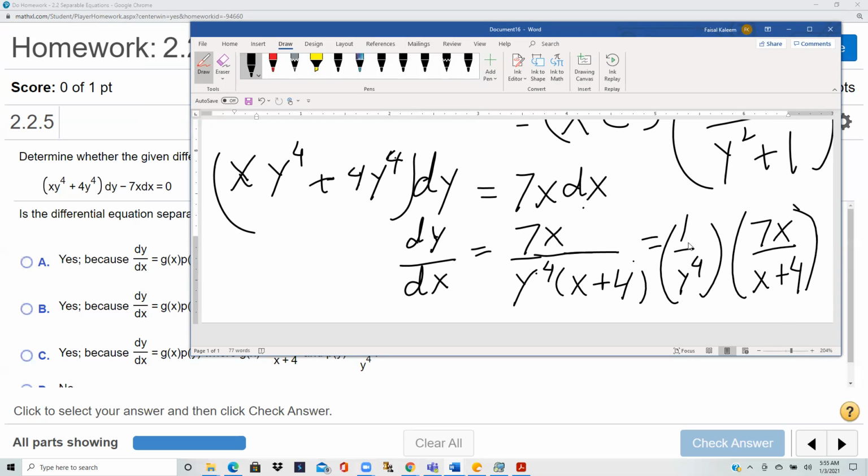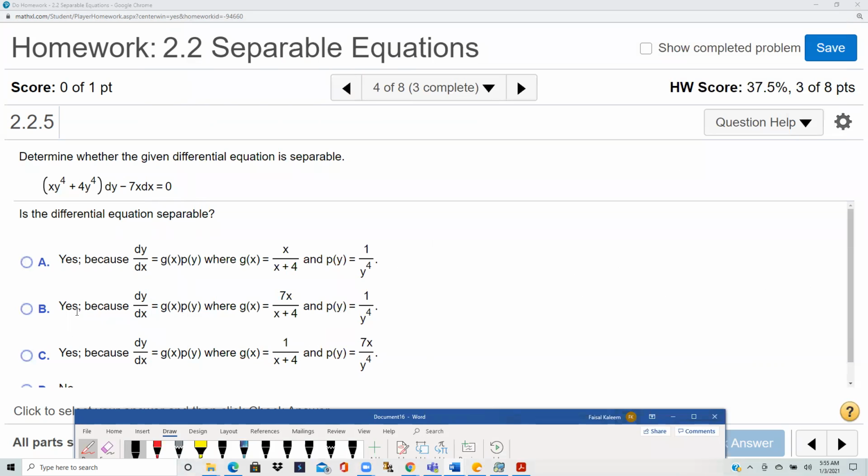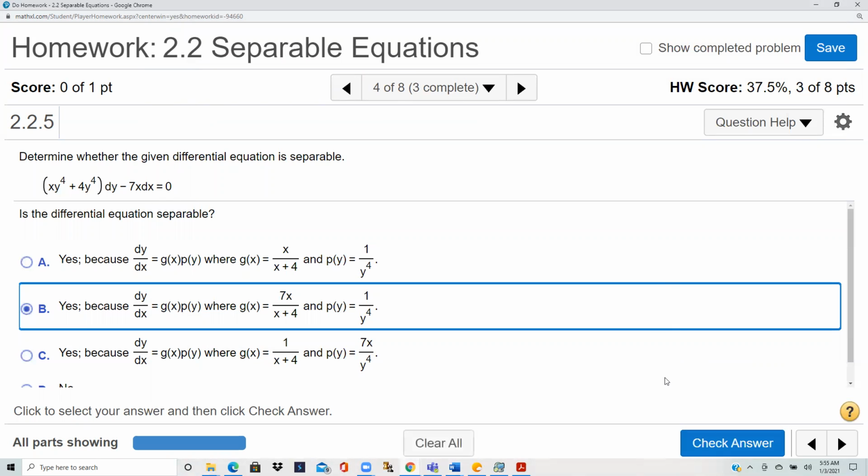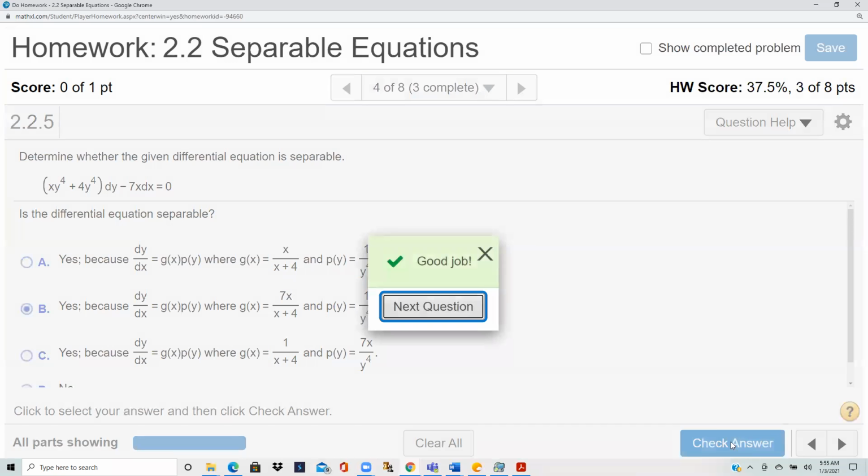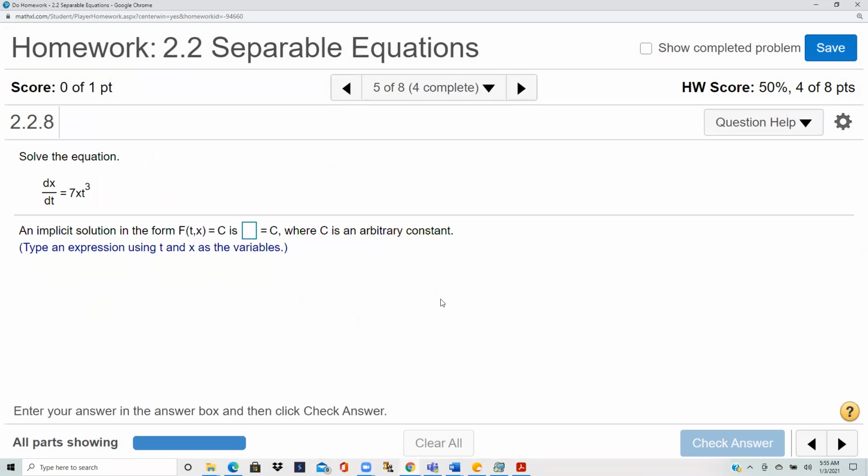So the function of y is 1 over y to the 4, and the function of x is 7x over x plus 4. And now we have to solve the equations, and we'll do that in the next segment.